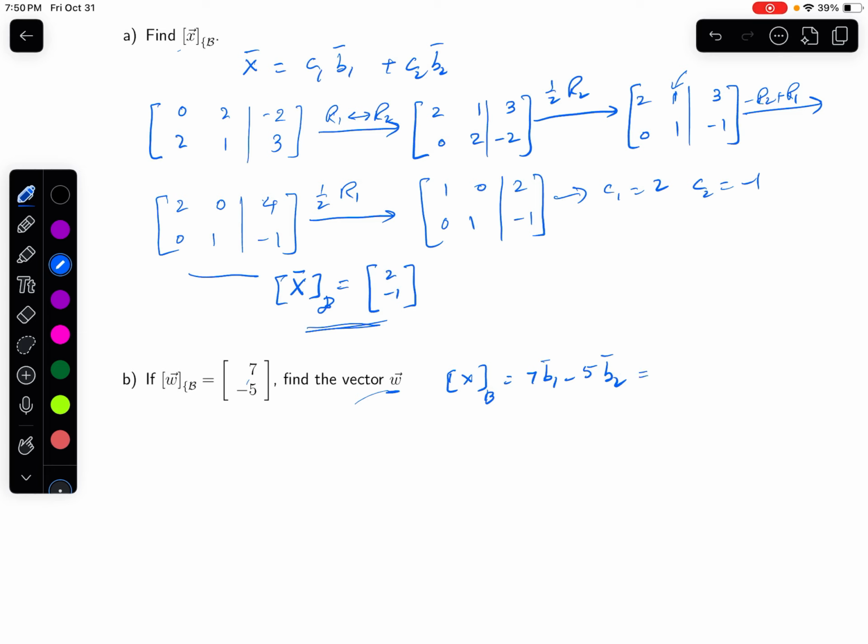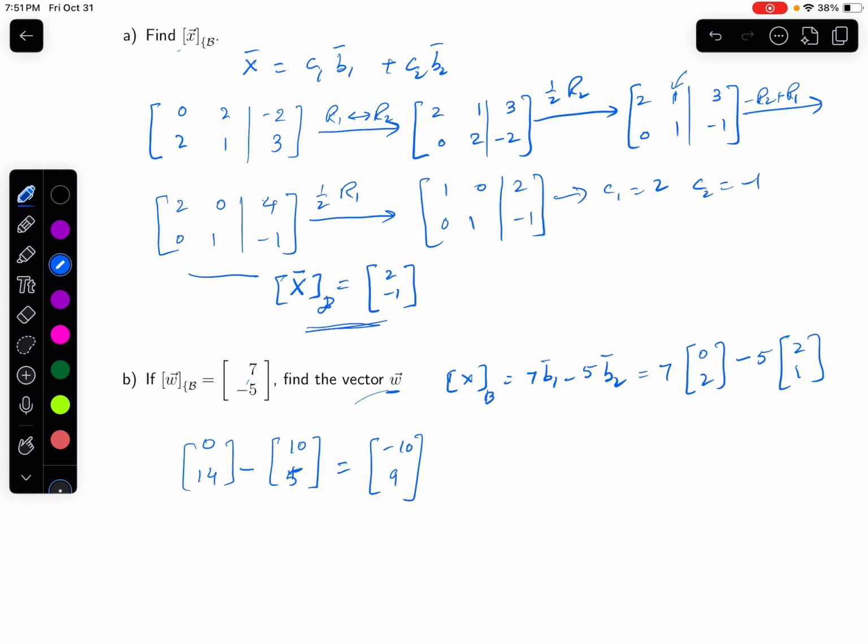7 times 0, 2 minus 5 times 2, 1. So we get 0, 14 minus 10, 5, which is equal to, so 0 minus 10 is -10, 14 minus 5 is 9.